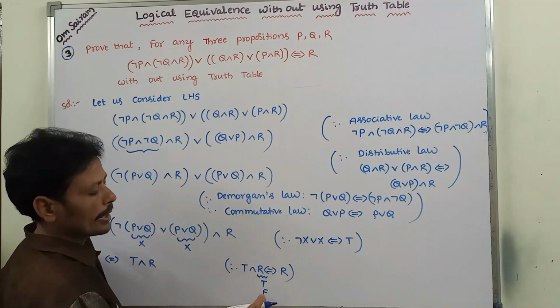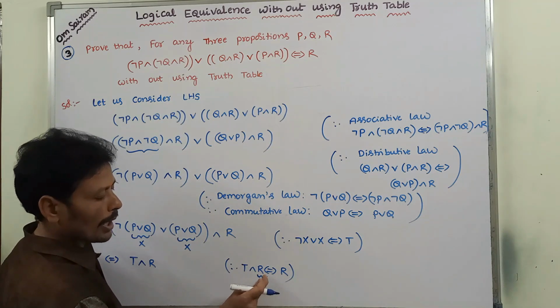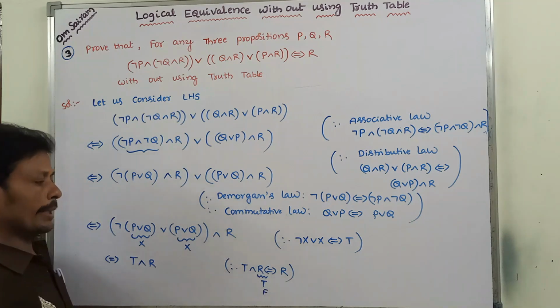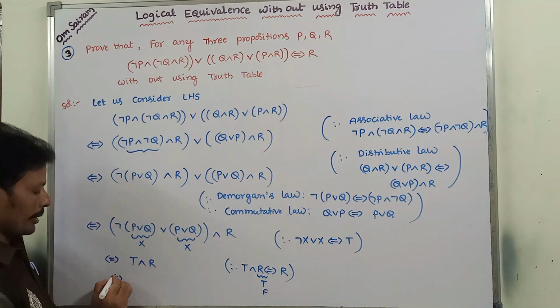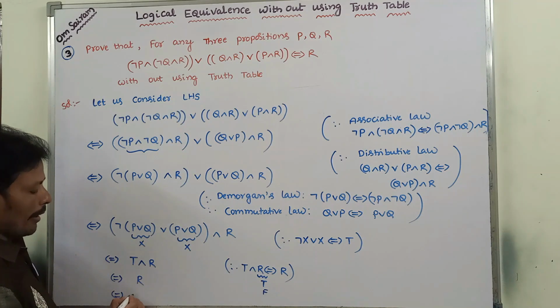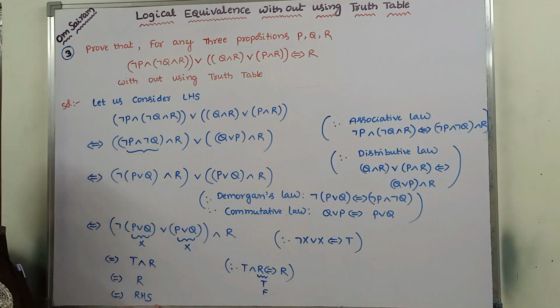True and false is nothing but false. Whatever the truth value we are substituting here, the same truth value we are getting here. So true and R is nothing but R. So this is RHS.